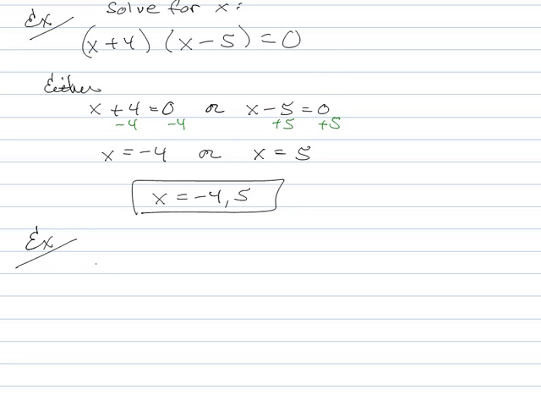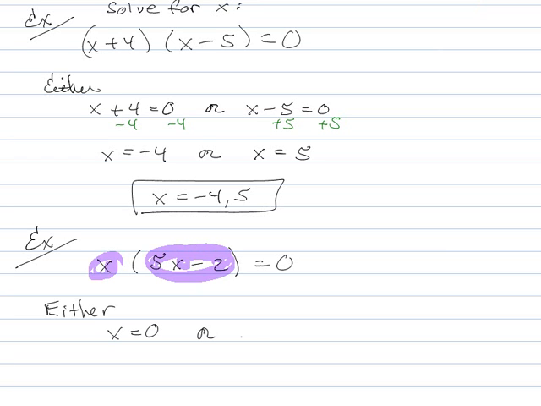If they give you something like this, x times 5x minus 2 is equal to 0. Okay, again, you can come in here and say, given these options, I'm multiplying this thing times this thing. So the exact same strategy applies. Either x is equal to 0, or 5x minus 2 is equal to 0.